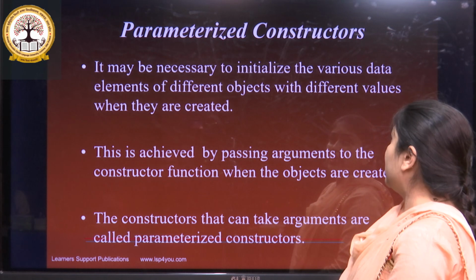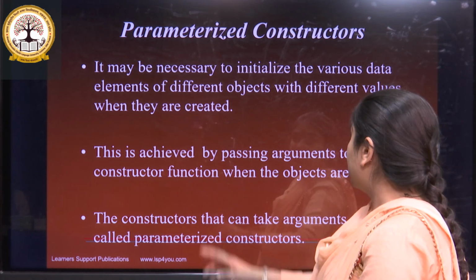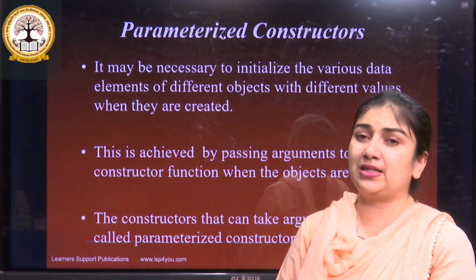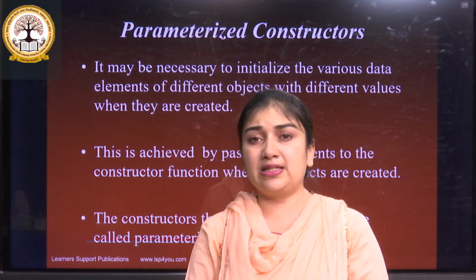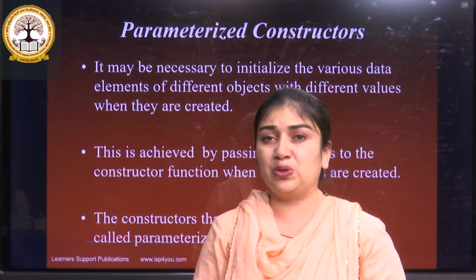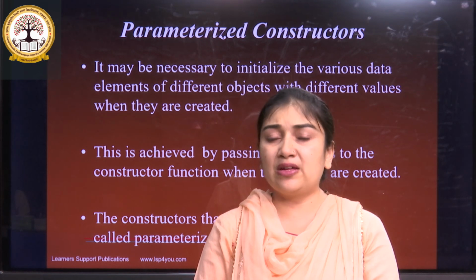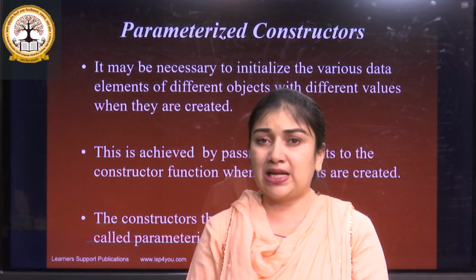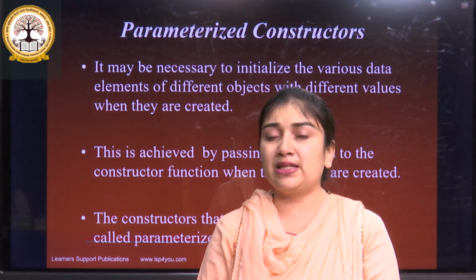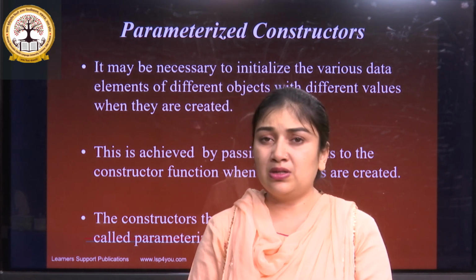It may be necessary to initialize the various data elements of different objects with different values when they are created. It is not always the case that whenever an object of the class is created, a constructor is invoked to initialize the data members of the class to 0.